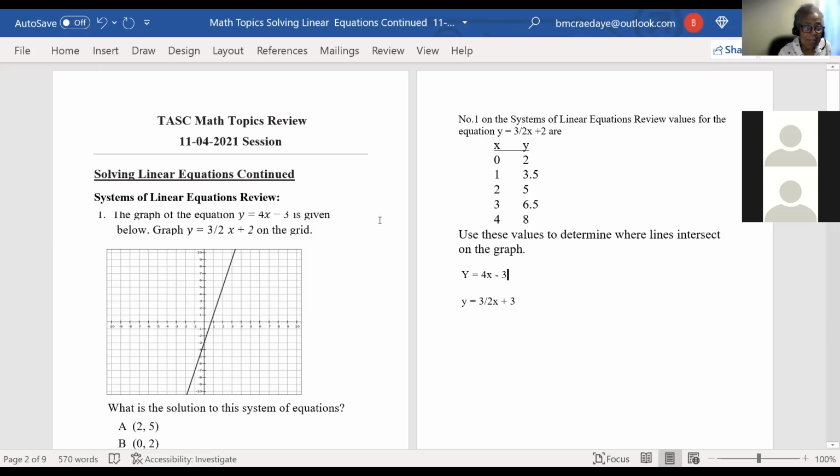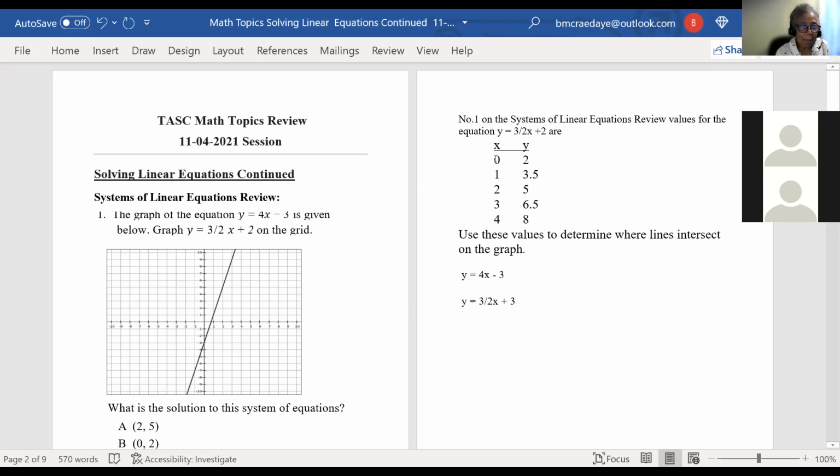That's what that straight line represents, right? Yes. Now, remember I told you when the lines intersect, that's the value of x and y for the equations. So I gave you a second equation, y equals 3/2 x plus 2, so you could graph that one on the same grid. I sent you those values so you wouldn't have to calculate.